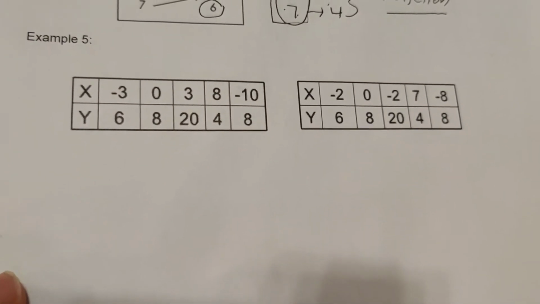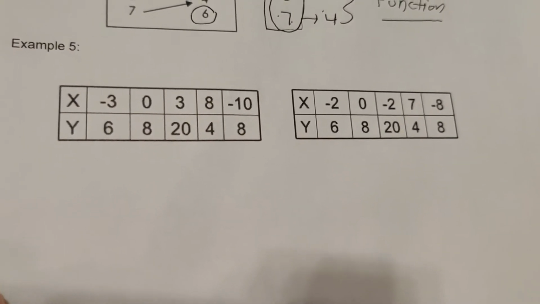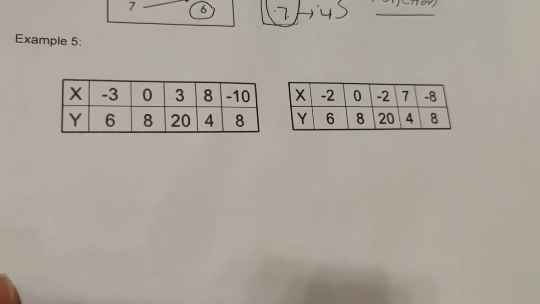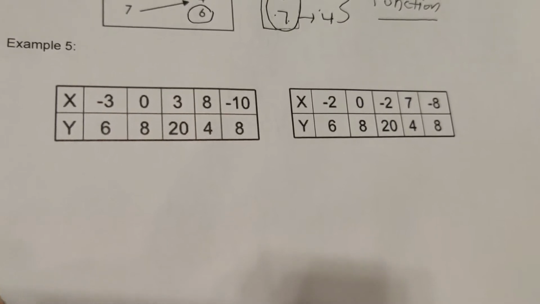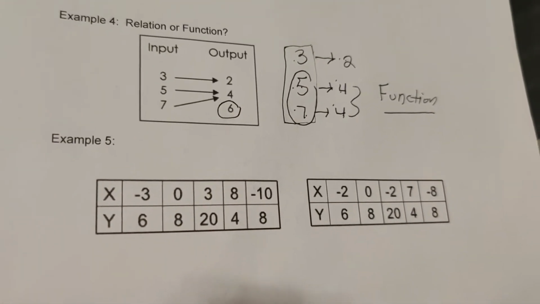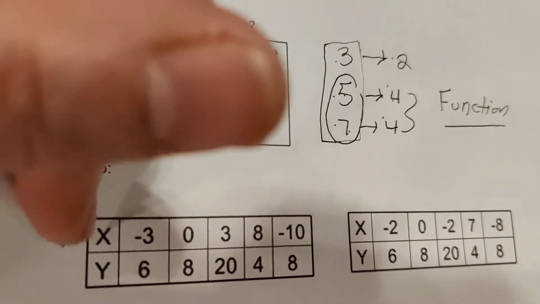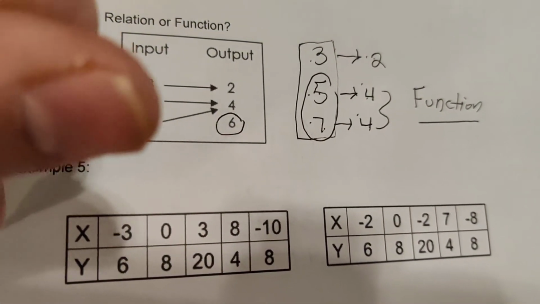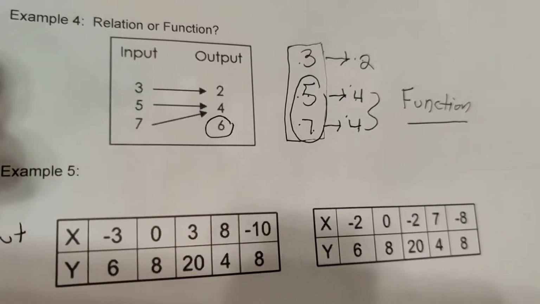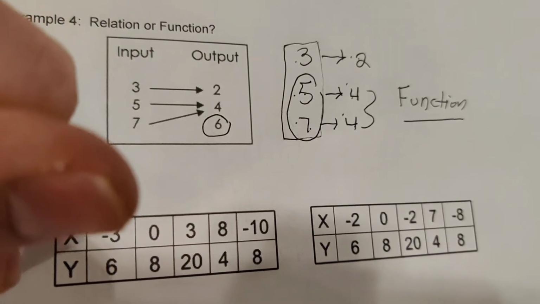In example 5, we have this table. What we want to do is convert this table into one of the mapping diagrams that we have. How do we do that? Well, we have to know that X is our input and Y is our output.